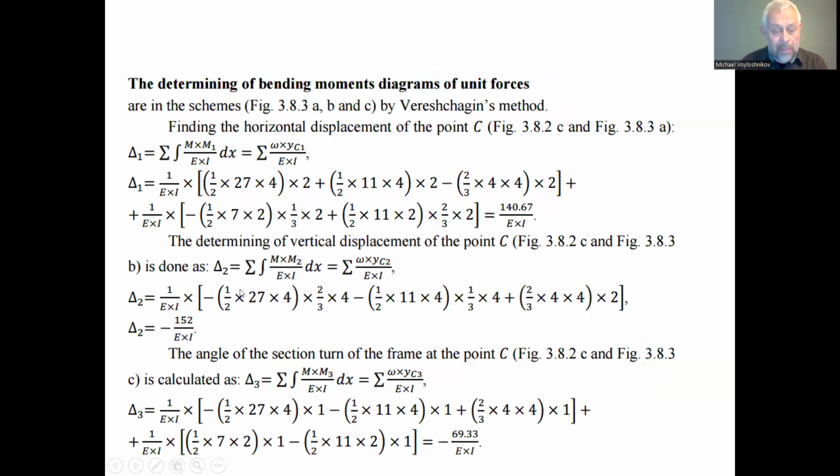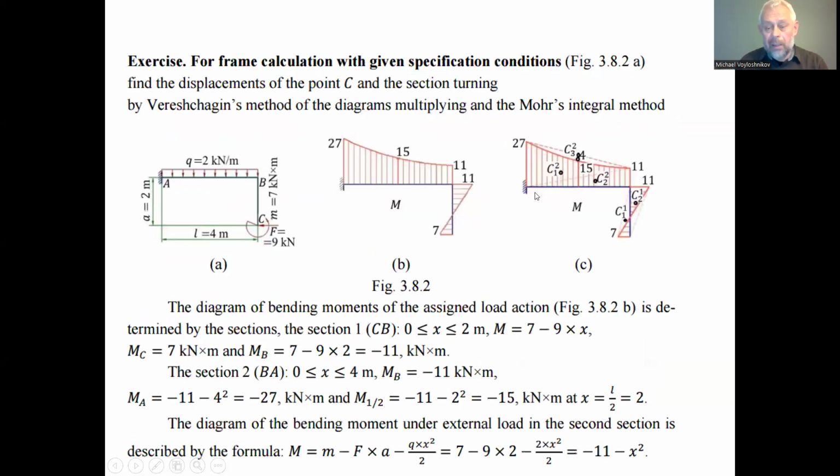To do that, first we can take the common factor out of the brackets, and in the brackets for the AB leg we have to find the areas of all the elements of the diagram we adopted for the Vereshchagin rule determination of the Mohr integral.